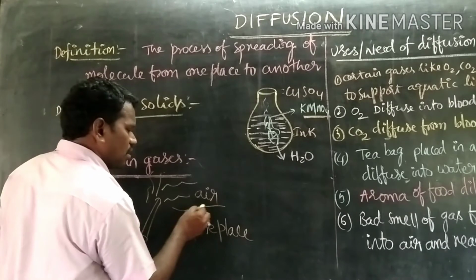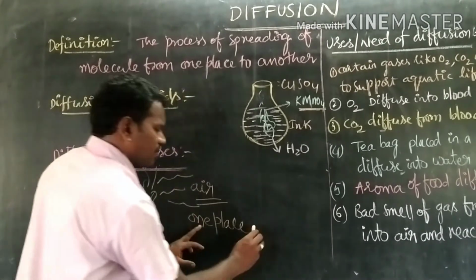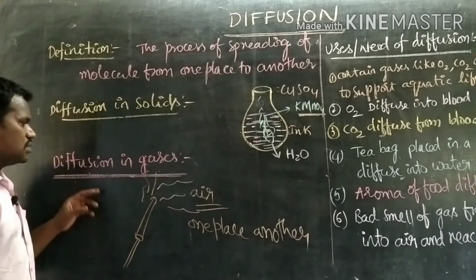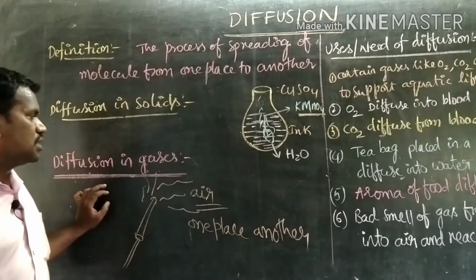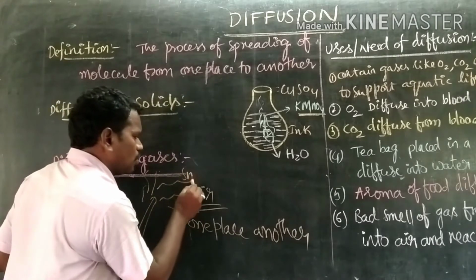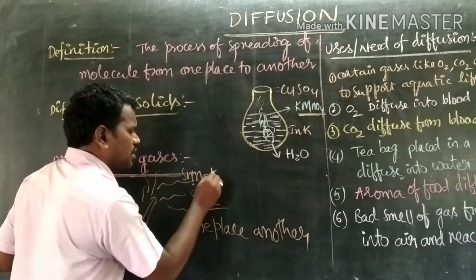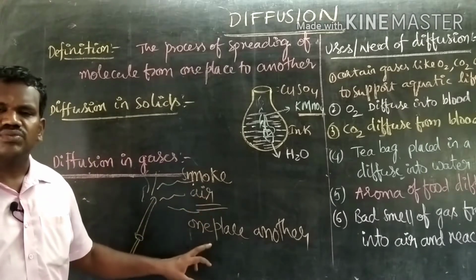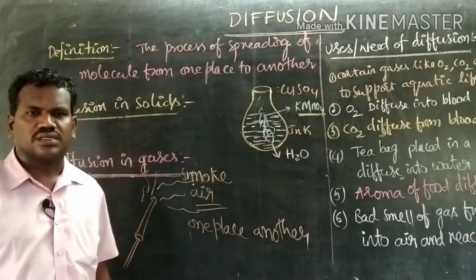There is a spreading of air molecules from one place to another. This is nothing but the process of diffusion in gases. Why? Because here the smoke coming from the incense stick mixes with the air and moves from one place to another.